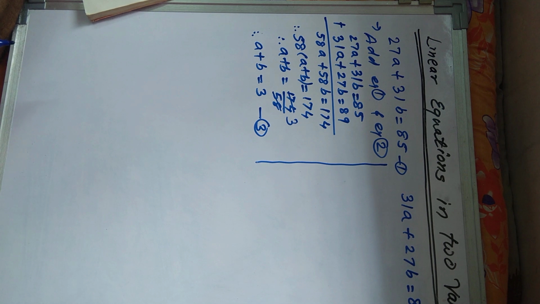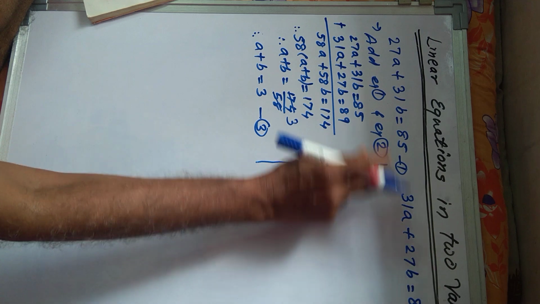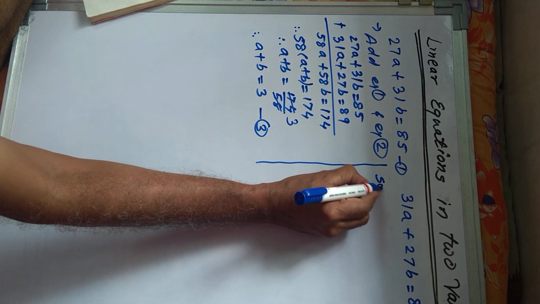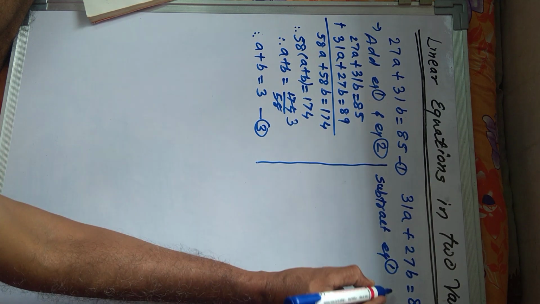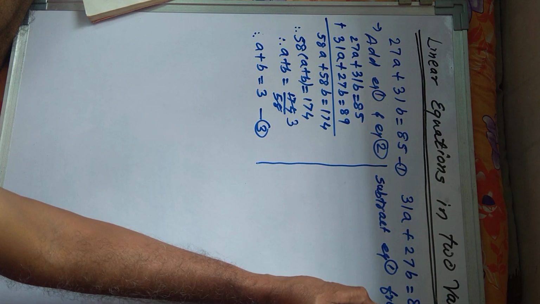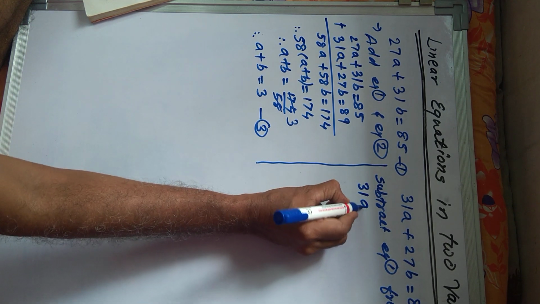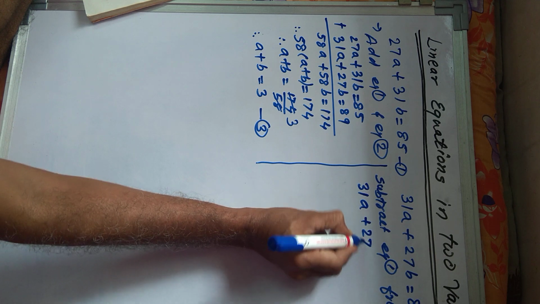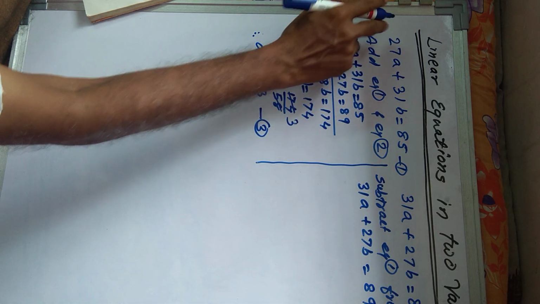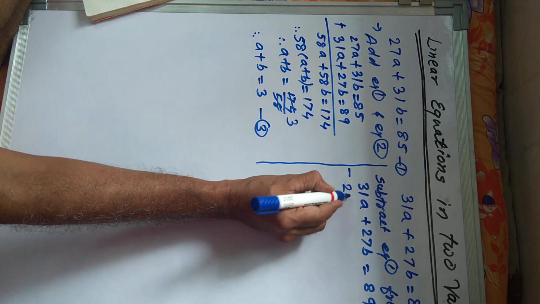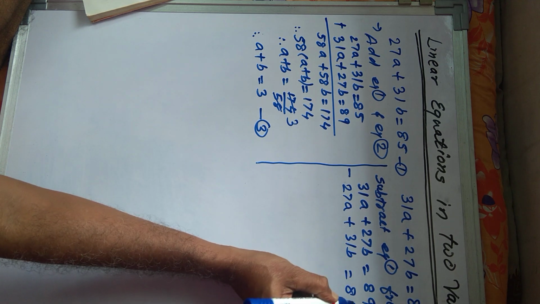Similarly, now we have to subtract these equations. We have to subtract equation number 1 from 2. That means we write equation number 2 first: 31a plus 27b is equal to 89. And we have to subtract this, that means minus 27a plus 31b is equal to 85.